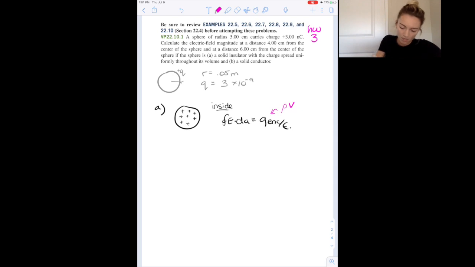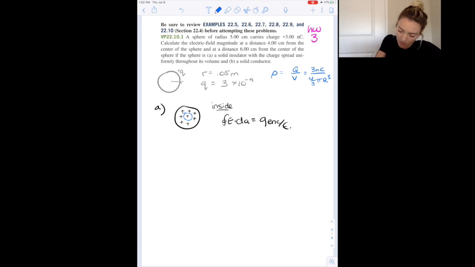So we're going to have some Gaussian surface in here. Let's say that's 4 centimeters where we're looking. To find Q enclosed, let's find rho first. Rho is just going to be the total charge divided by the total volume. So this will be 3 nanocoulombs divided by 4/3 pi r cubed, where r is the total radius of the sphere.